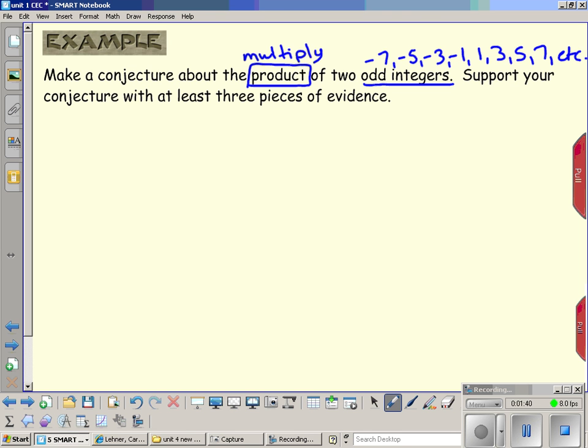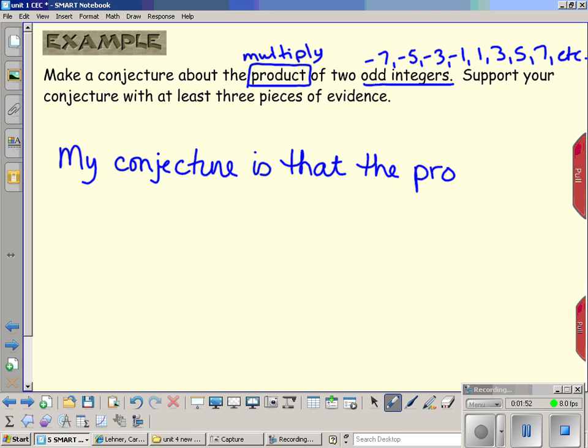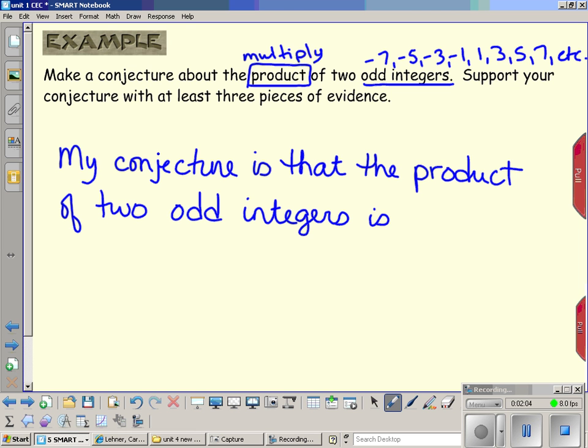Well, maybe you've decided that my conjecture is that the product of 2 odd integers is an odd integer.